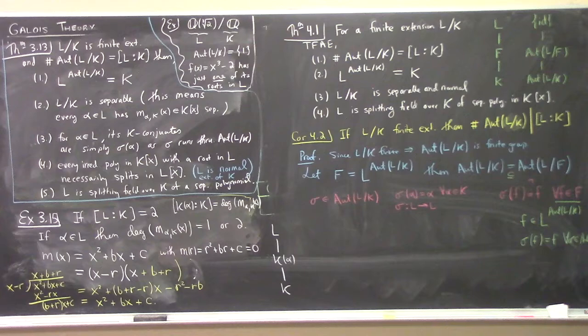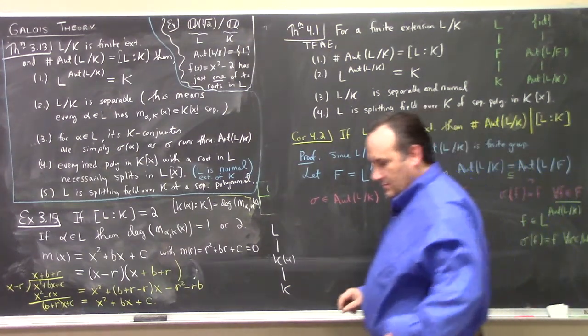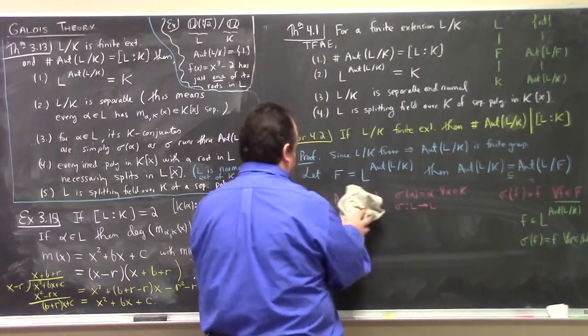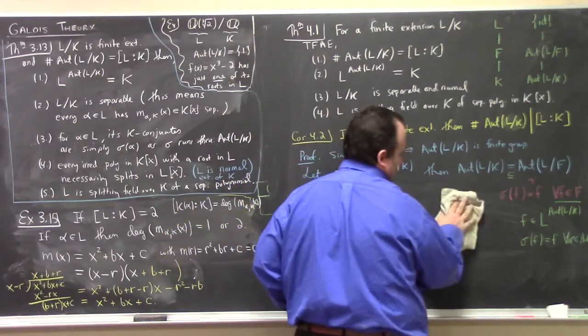Now we have to show the other way: Aut L over k is a subset of Aut L over F.